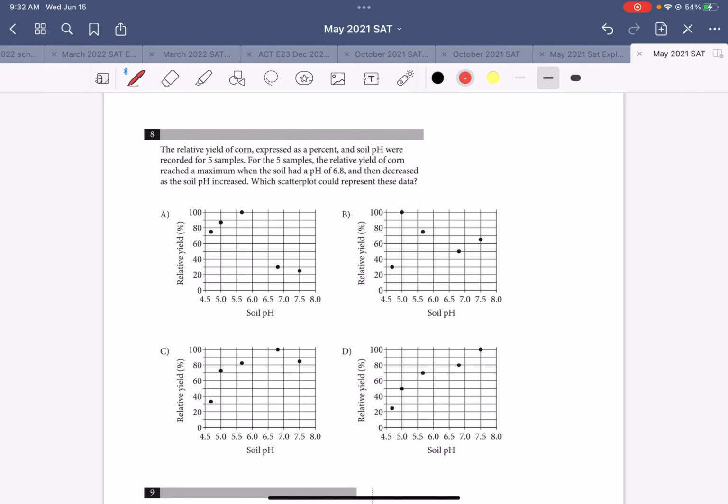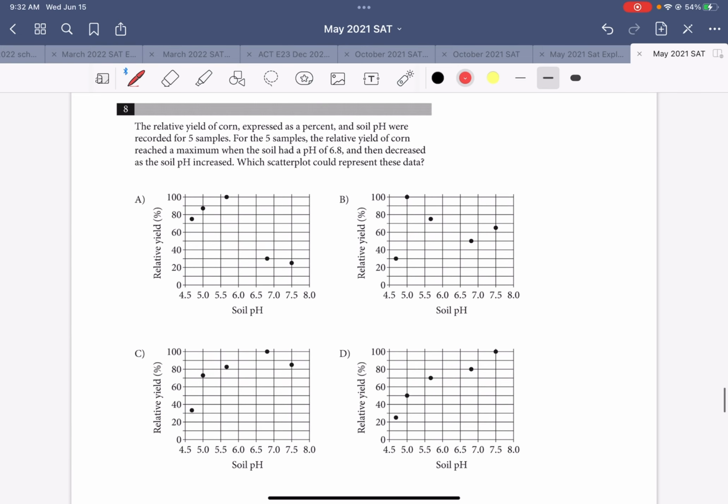Now next one, number 8. The relative yield of corn, expressed as a percent, and the soil pH were recorded for 5 samples. Those are the 5 dots on each graph.